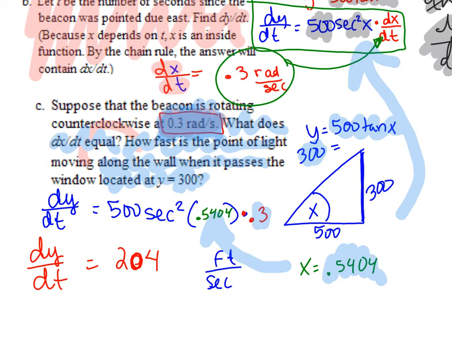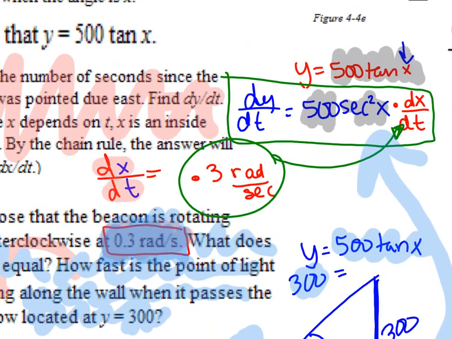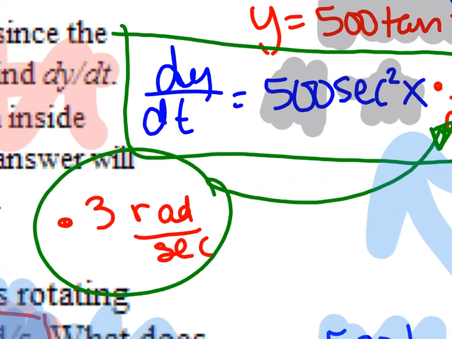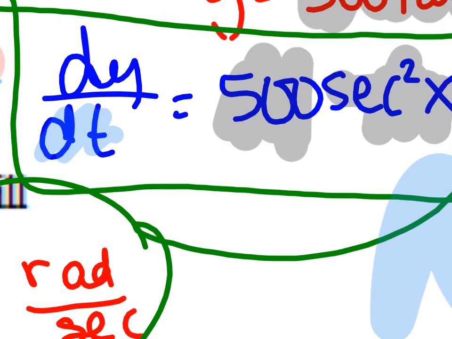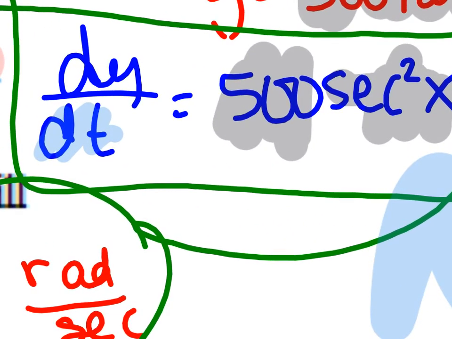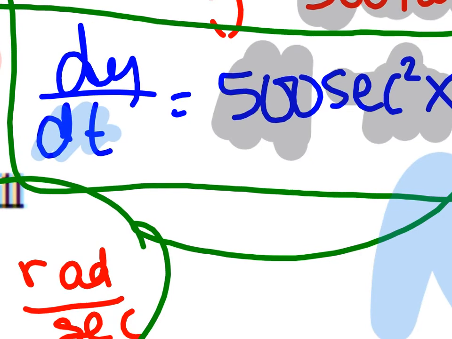And what you essentially find is, instead of finding dy/dx, feet per radian, you now found feet per second because you multiply by the 0.3. If we only used the equation 500 secant squared, then you would have found feet per radian, since y is in feet and x is in radians.